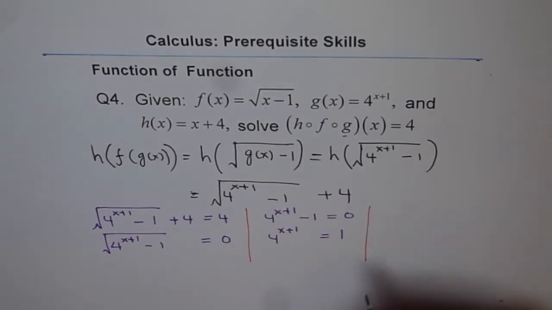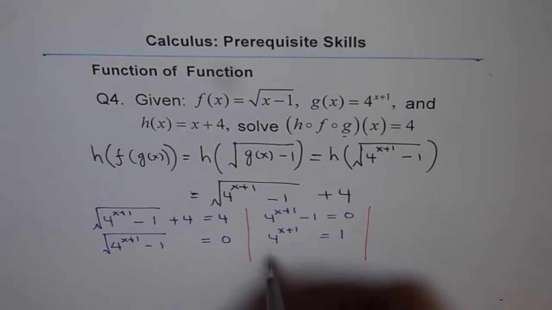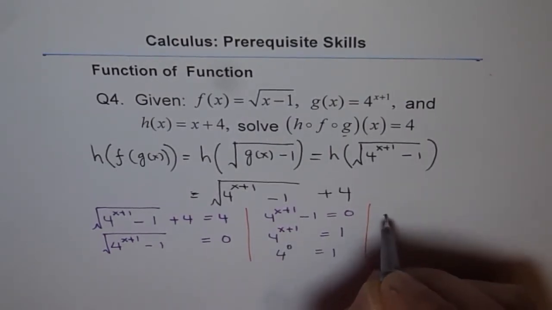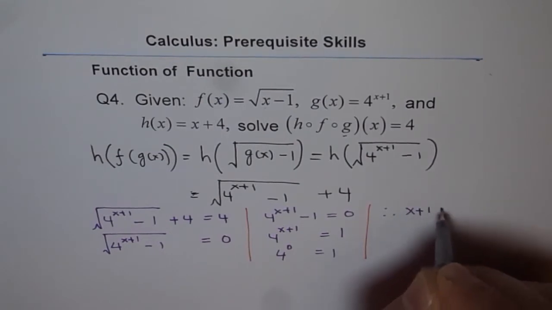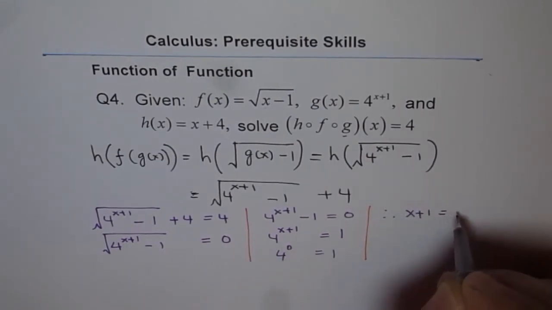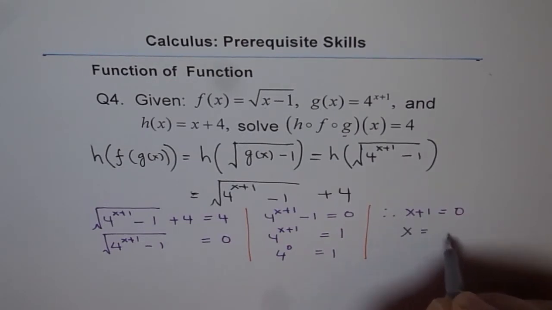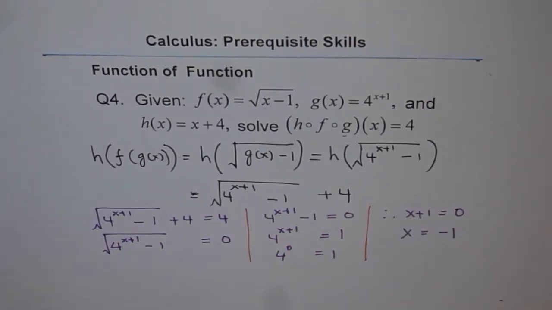Anything to the power of 0 is 1, right? Basically what we know is 4 to the power of 0 is 1. Therefore x plus 1 is equal to 0, and from here we can say x is equal to minus 1.